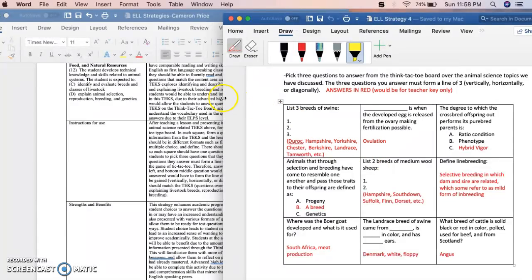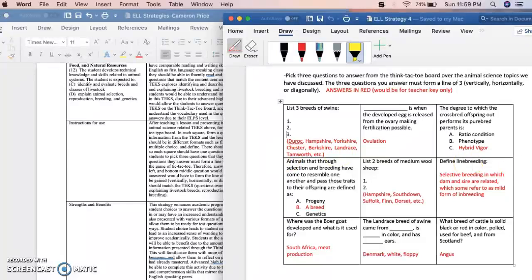And then too, in the article I read over Think-Tac-Toe, these are all questions, but you can have different squares that say write the 3 breeds of swine, or draw the 3 breeds of cattle. So it doesn't have to be questions. It can be directions, or one could be like, get a group member and research different breeds of medium wool sheep and make your PowerPoint. So it can be different things.